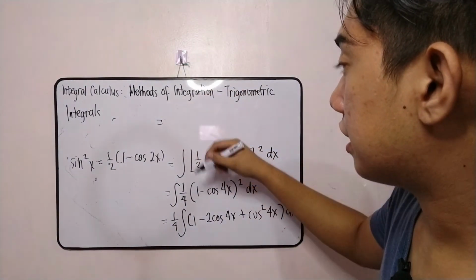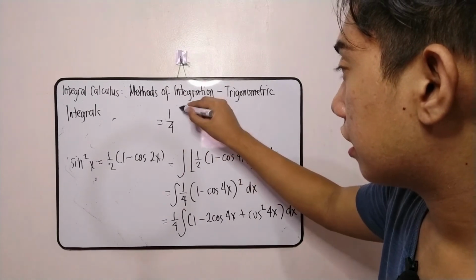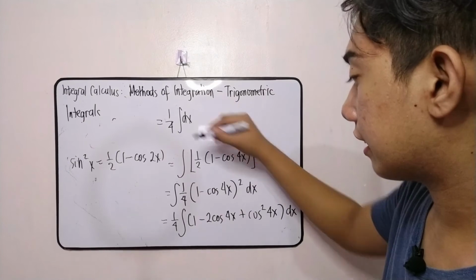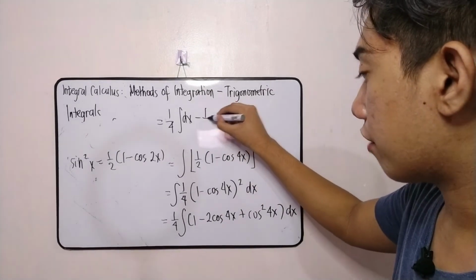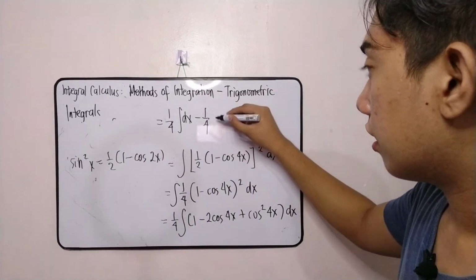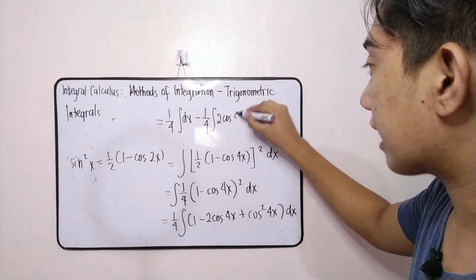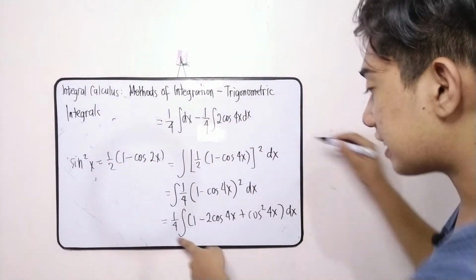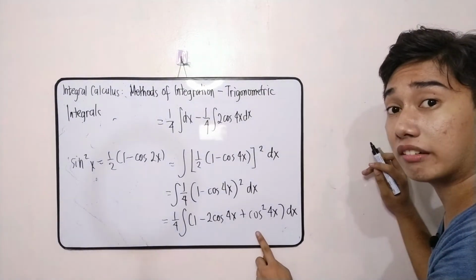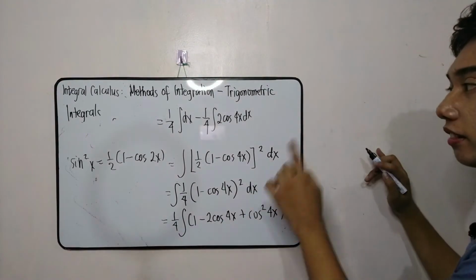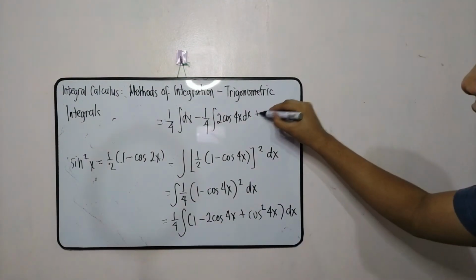So this is equal to 1/4 the integration of, we can distribute dx na, minus 1/4 integration of 2 cosine 4x dx. But for this case, we have the squared. So medyo mahihirapan tayo dito, but madali lang yan guys.